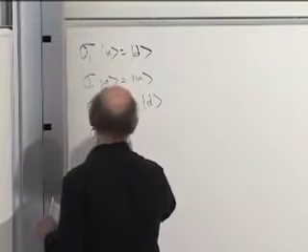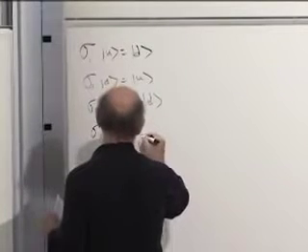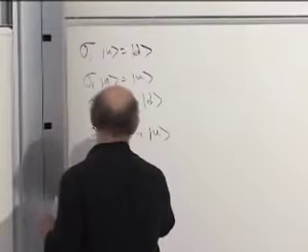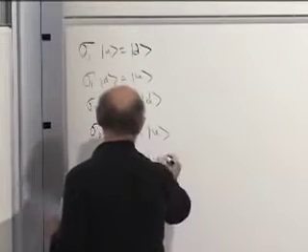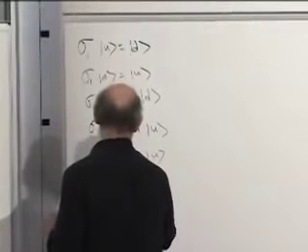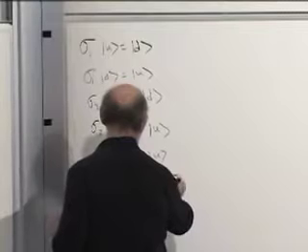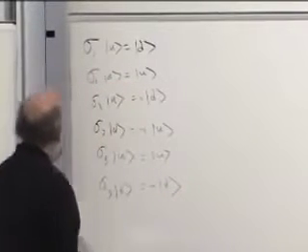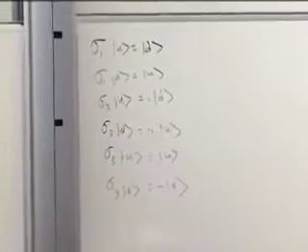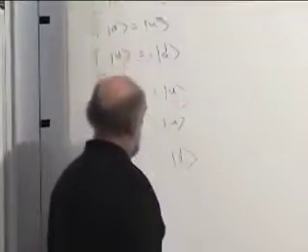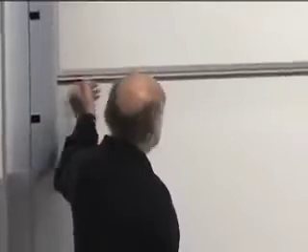But sigma 2 on down is minus i times up. And sigma 3 on up is up. And sigma 3 on down is minus down. That's the action of the matrices sigma 1, sigma 2, and sigma 3 on the eigenstates of sigma 3 itself. So we'll make reference to that list as we go along.